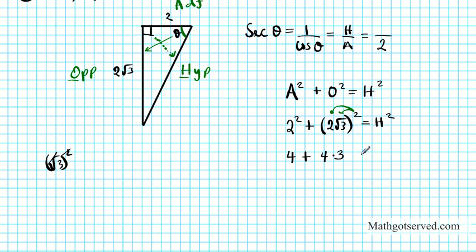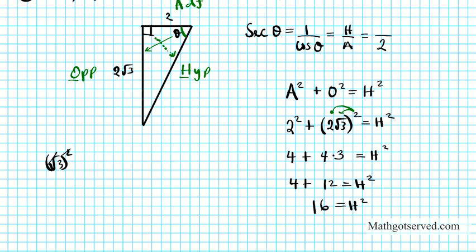So you square them independently. 4 times 3 is 12. So 4 plus 12 is 16.